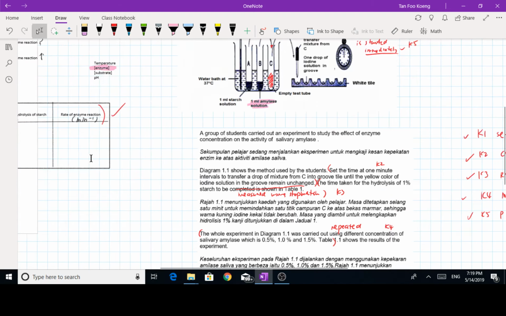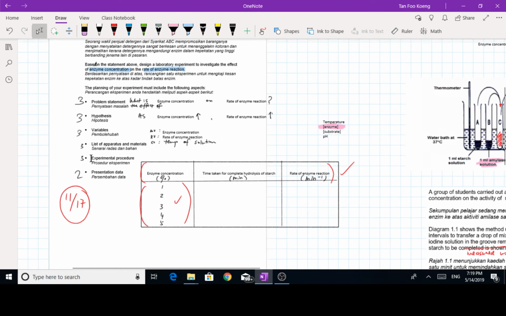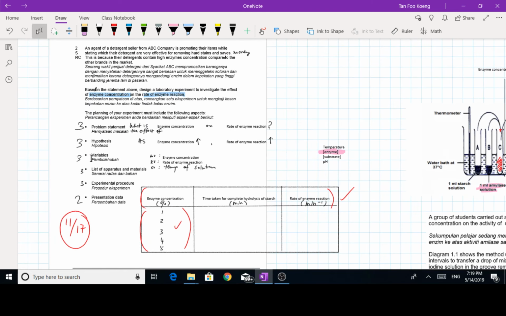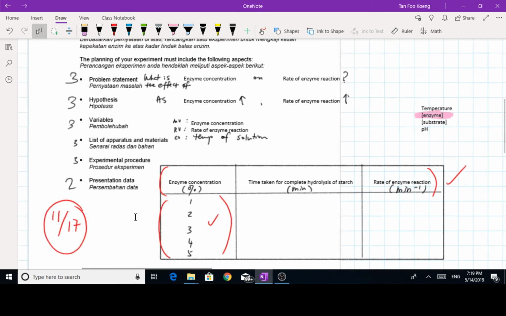Okay, so actually it is not difficult to score in paper 3 question number 2, because what you need is to understand the template and then just copy and paste, just construct your sentences based on the NV and the RV. So my advice to you is: complete problem statement, hypothesis, variable, and presentation of data first.